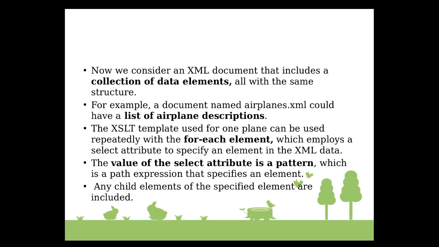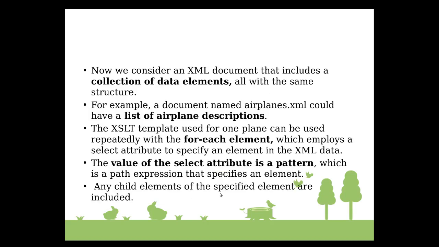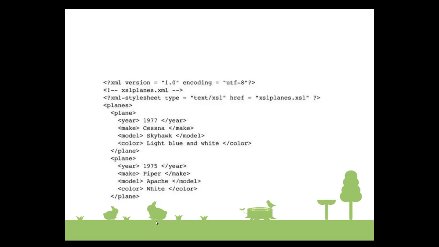To repeatedly select the elements of our XML document, we can use the for-each element of XSLT. The value of the select attribute is actually a pattern, and any child elements of the specified element are included. So this is the example XML document.